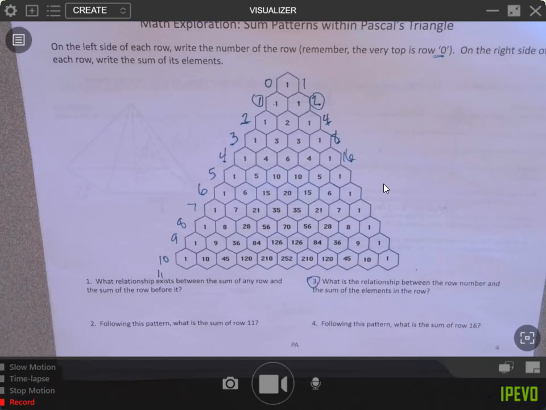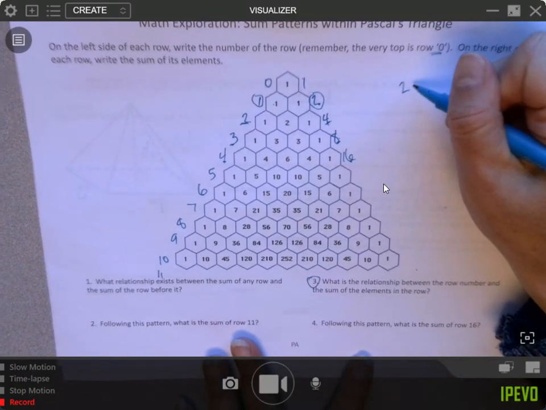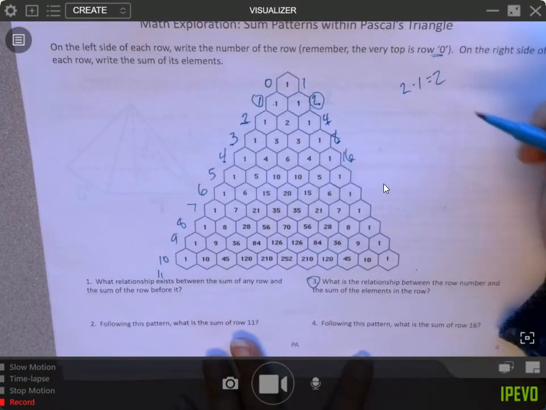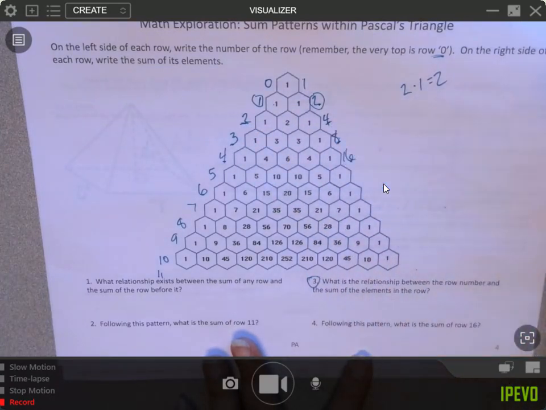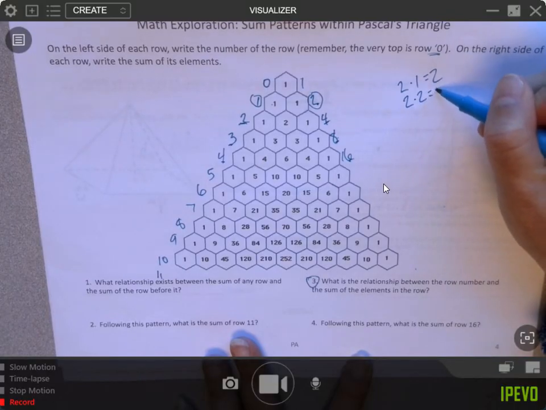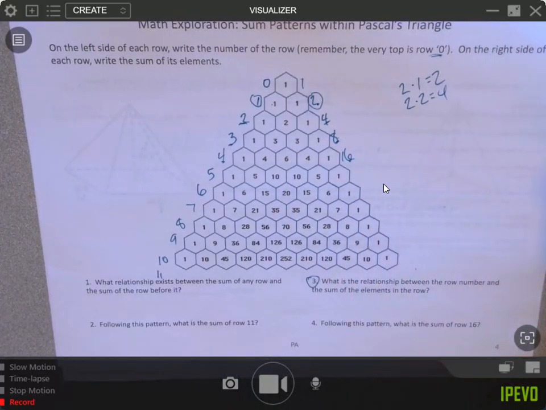Vivi? Multiplying with exponents, we are multiplying. What would I multiply? Harper? 2 times 1 we know is 2. But 2 times 2, oh, that would be 4. 3 times 2, is that 8?